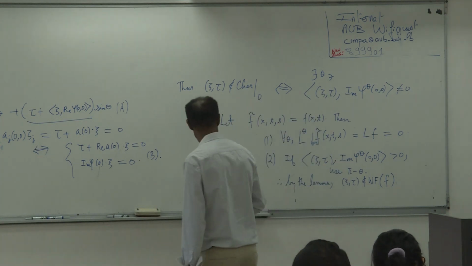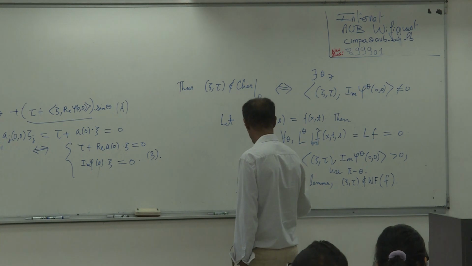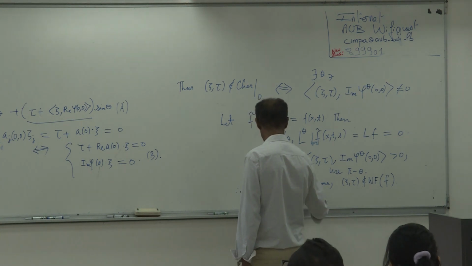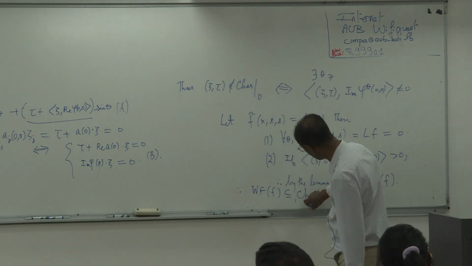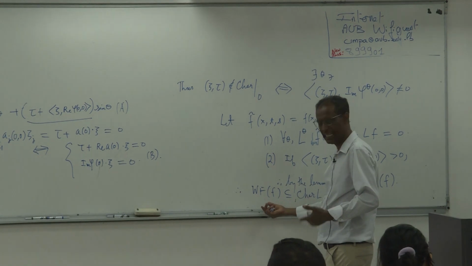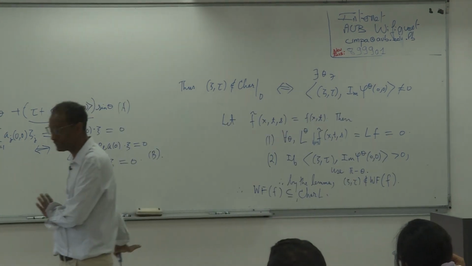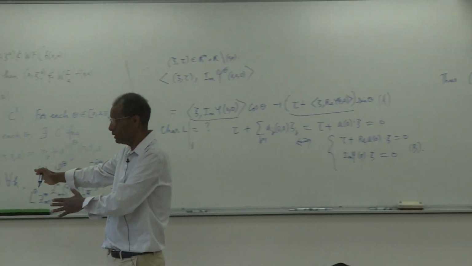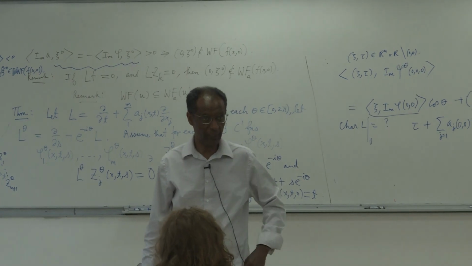And therefore I have proved for you that the wavefront set of f is contained in the characteristic set of L. Because if something is not in the characteristic set, then it's not in here, which means f microlocally is nice. I proved it for C infinity, but for real analytic it is exactly the same result, the same proof, because in the real analytic case you can get those zj and so on, as I said, okay?